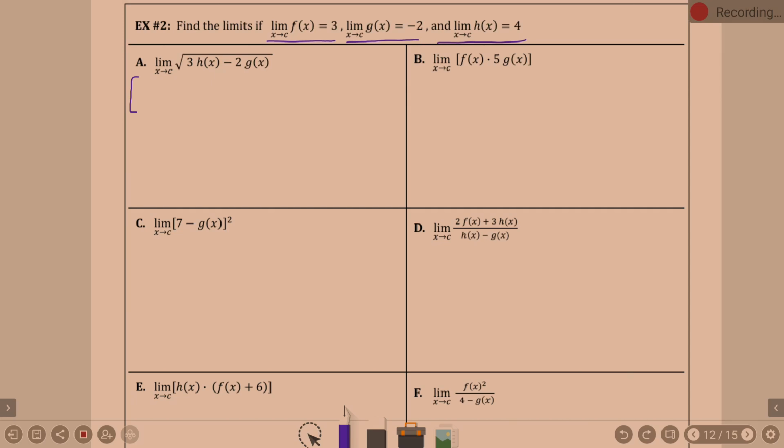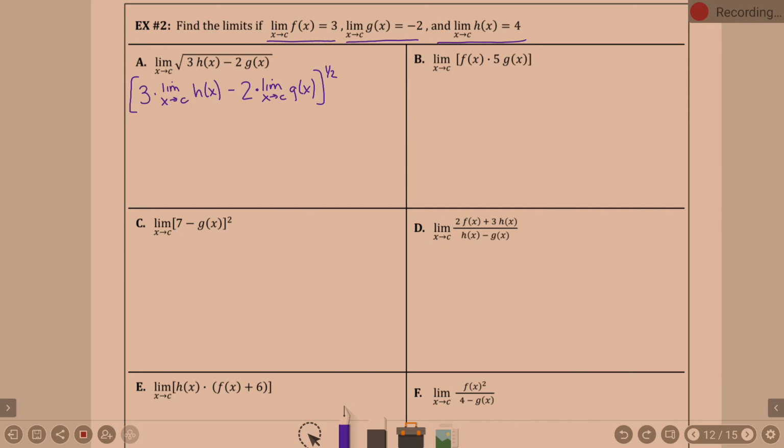And then inside that you're going to have 3 times the limit, minus 2 times the limit. Okay, there's an official rewrite. Are we okay with that?